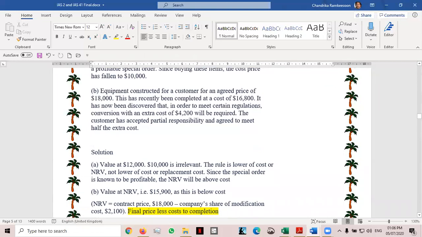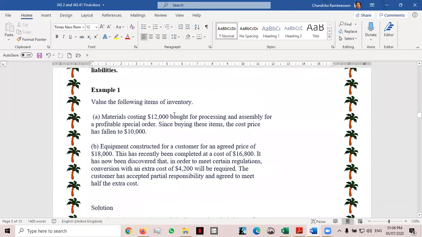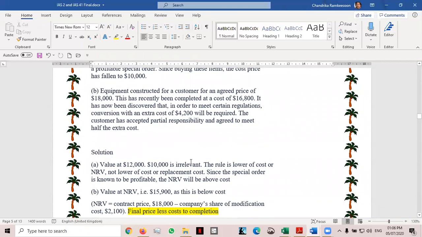So we need to value both of the items of inventory. Now A, value at 12,000. The 10,000 is irrelevant.